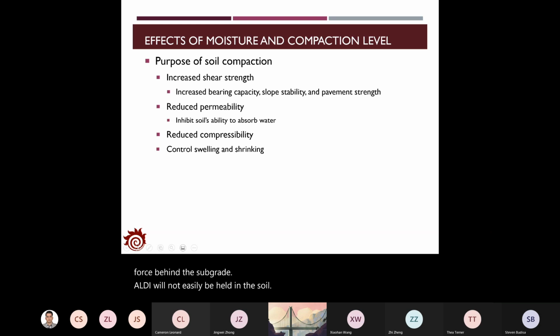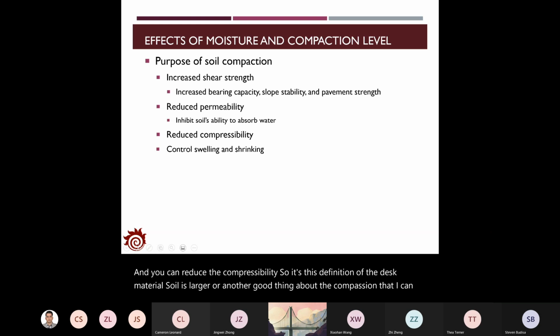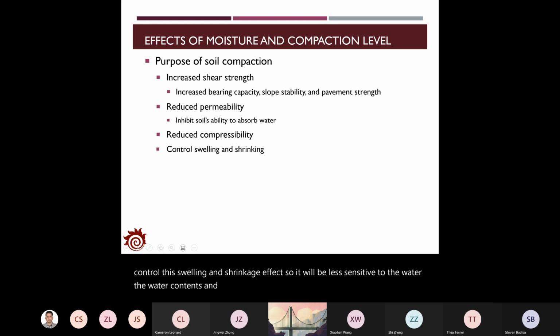And it can reduce the compressibility, so the stiffness of that material, the soil, is larger. And another good thing about the compaction is that it can control the swelling and the shrinkage effect, so it will be less sensitive to the water contents and also the impact of the temperature.